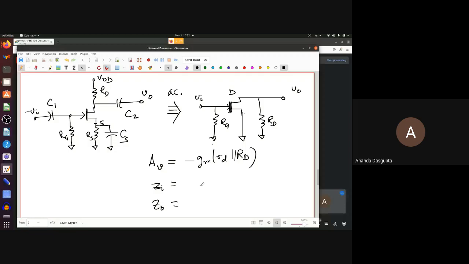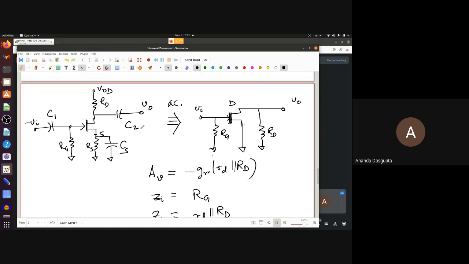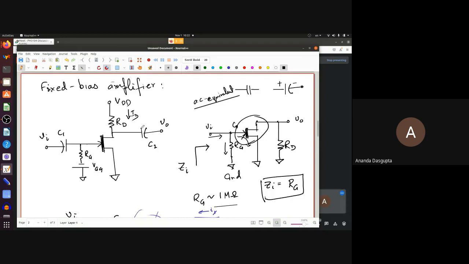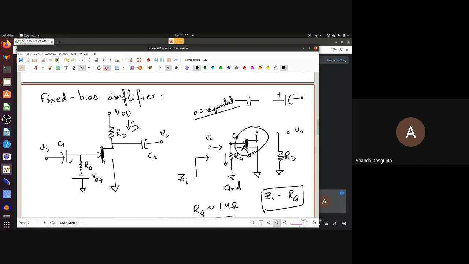So, what should these results be? I don't have to do any calculations again. The AC equivalent circuit to this one, the self-bias circuit, is exactly the same as the AC equivalent circuit for the fixed bias circuit, right? Notice this was the AC equivalent.